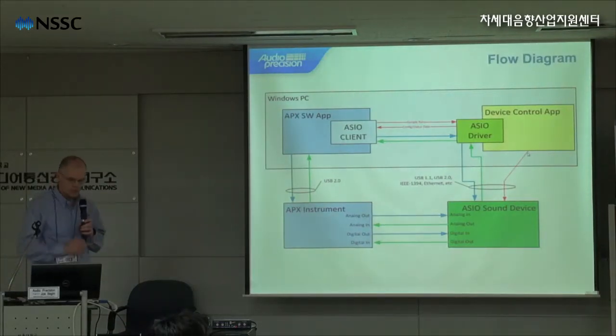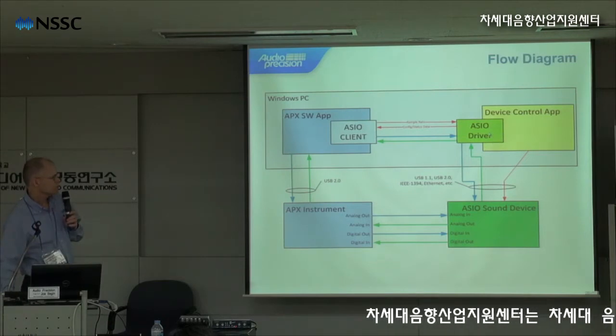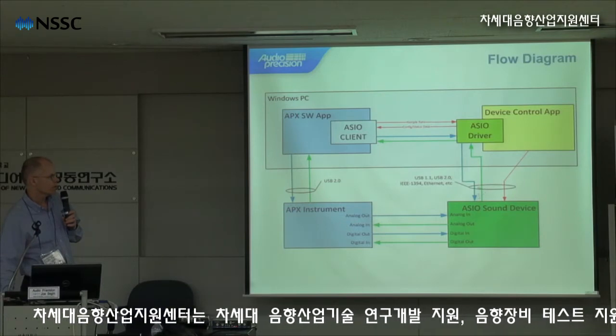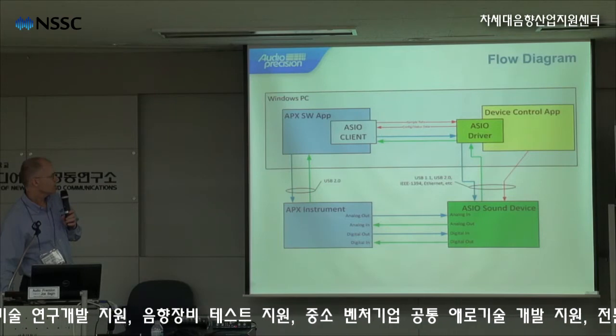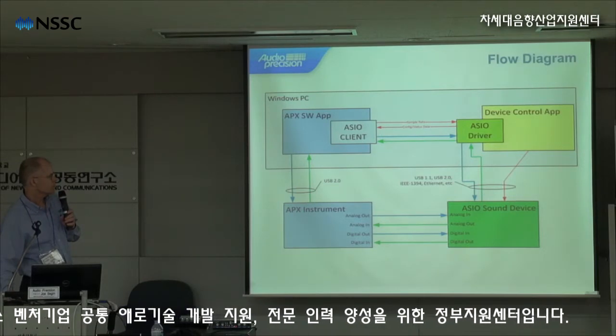This is a flow diagram of how it works. So this box here represents the Windows PC that's running the APX software. It's also running the ASIO driver for this device that's connected. The device is connected over some interface like USB or FireWire or Ethernet, etc. And then the APX software connects with the instrument over USB 2.0.